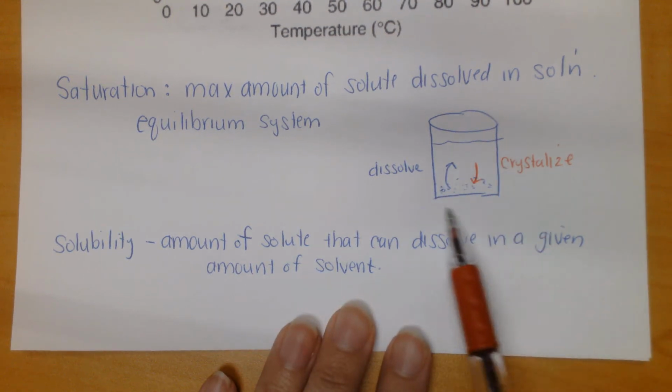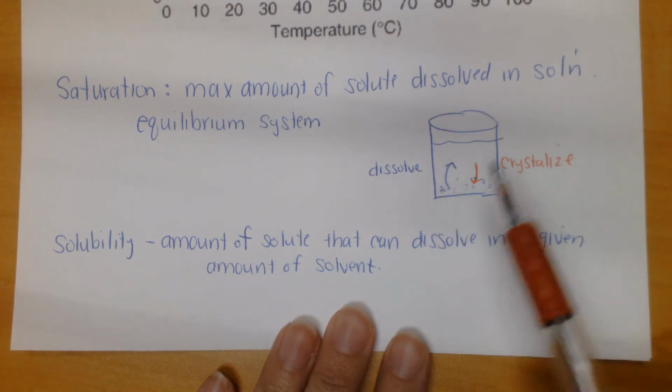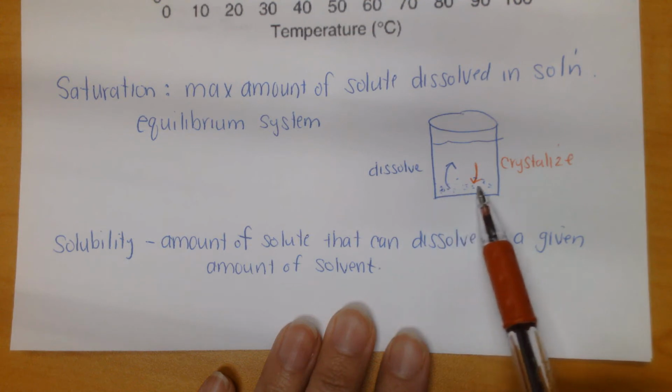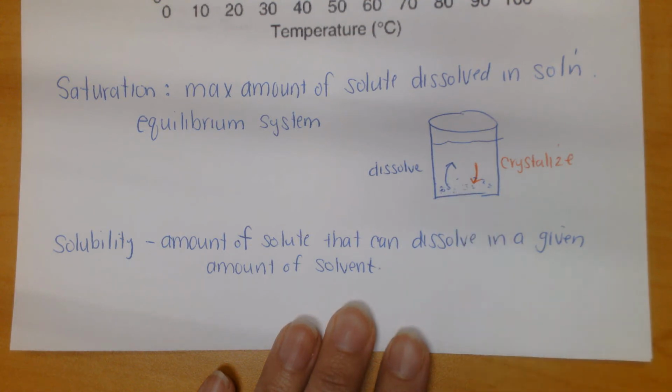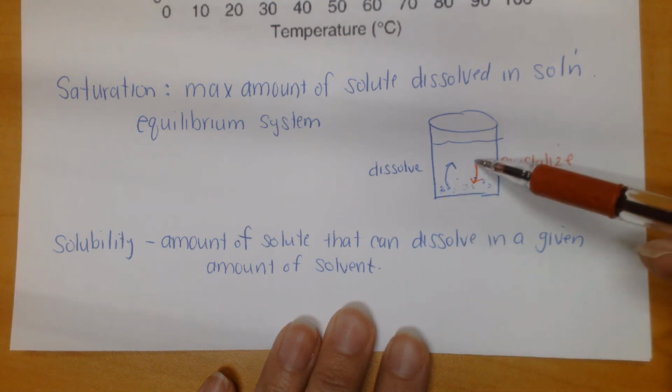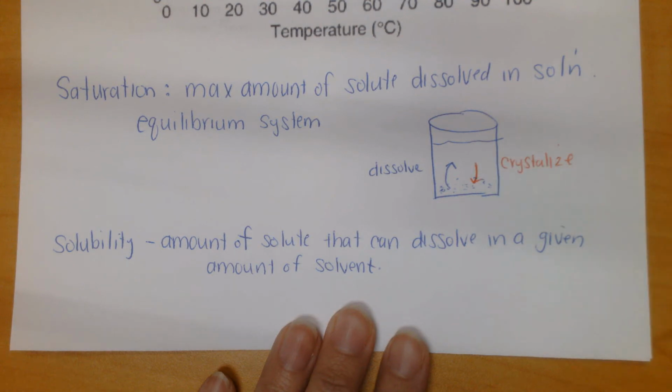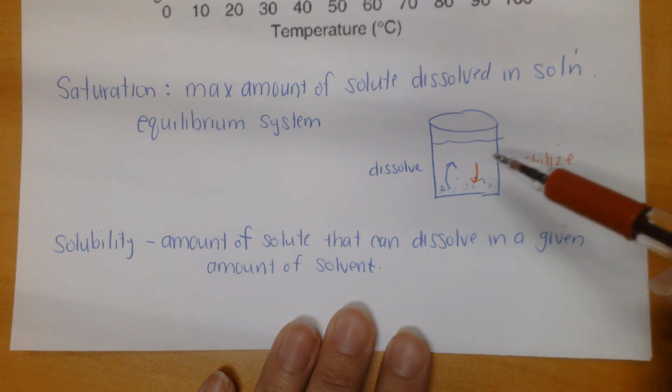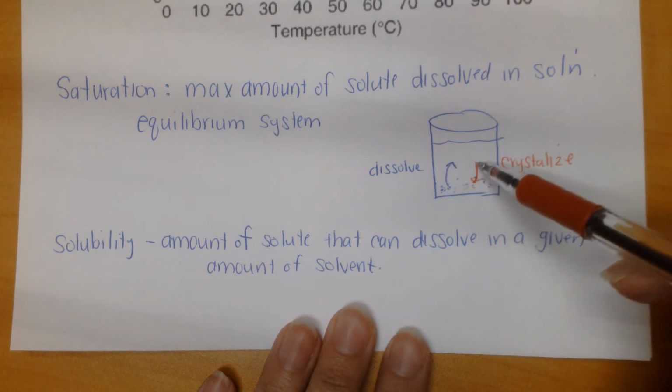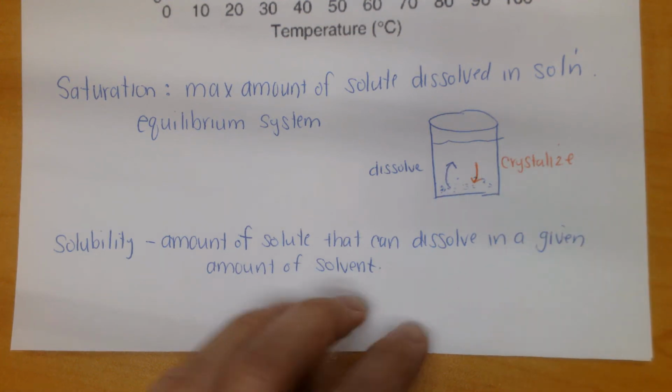So in a saturated solution, you have your solid particles dissolving into solution at the same rate as your particles are coming out of solution and crystallizing or precipitating out. So this arrow and this arrow are occurring at the same rate.